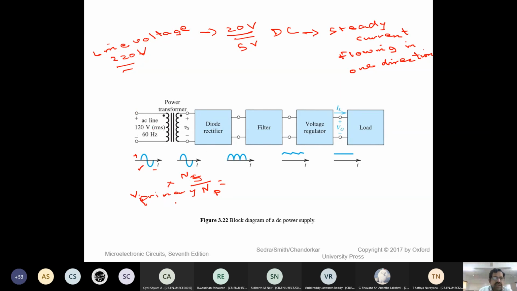Typically, since we need only 20 volt to 5 volt, I need to do a step down. So from 120 volt, let us say I want 8 volt, for example.